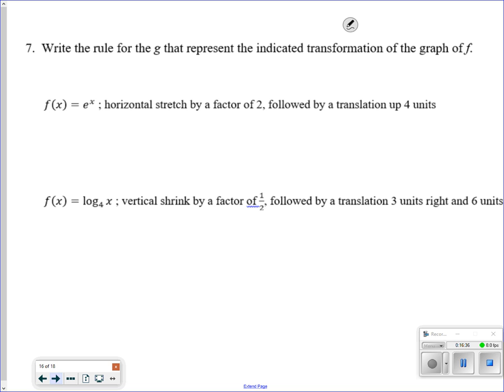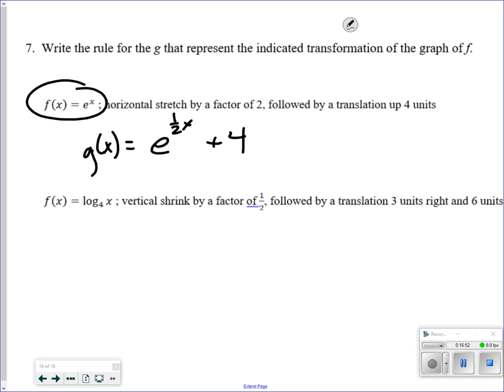Write the rule. They're giving you a function to start with, and then they want you to write the rule. So a horizontal stretch by a factor of 2. Now I am replacing x with a half x, followed by a translation up 4. So I'm adding 4 to the function, and that's the new g. A vertical shrink by a factor of a half. So I'm going to multiply the function by a half, and the translation 3 units to the right and 6 units up.